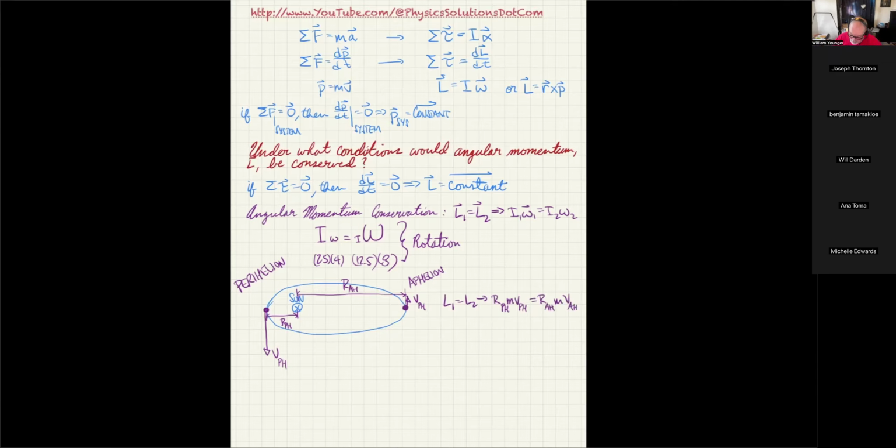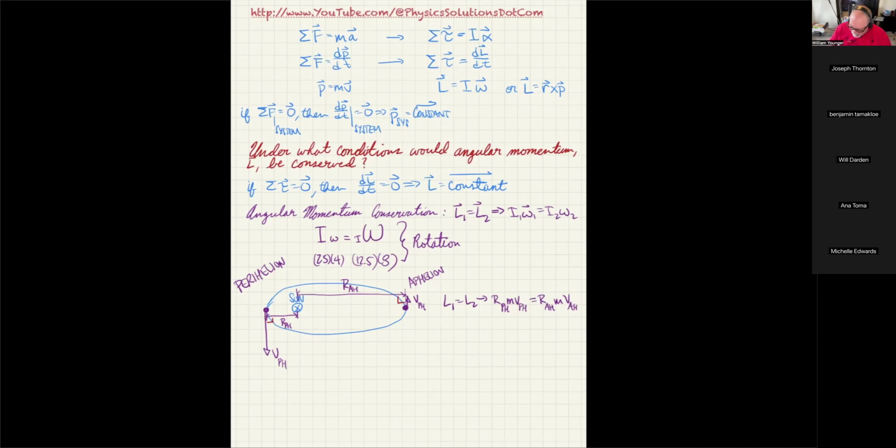Notice that's just the cross product, r cross p, in the cases where, as I've drawn here, the actual r vector and the velocity are perpendicular to each other. Because of that, r cross p is just r times m times v because p is mv. Does everybody follow that? Anybody have any questions on that?